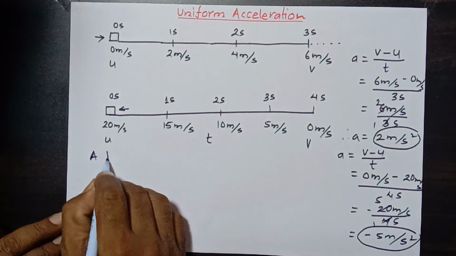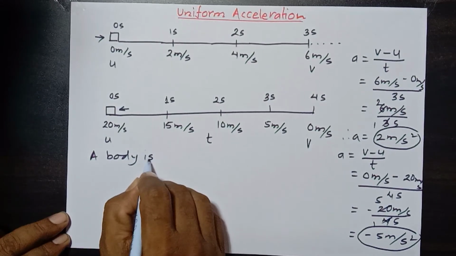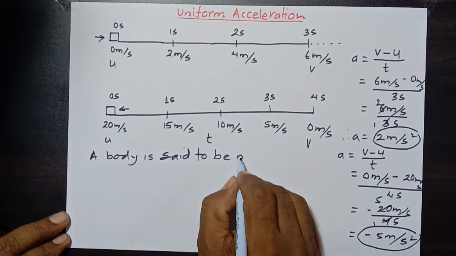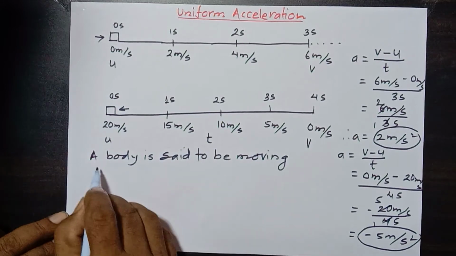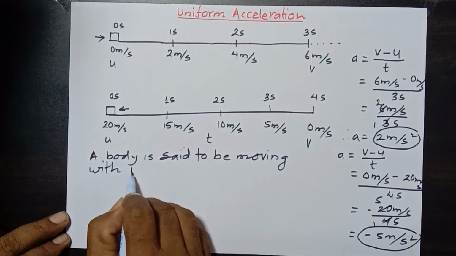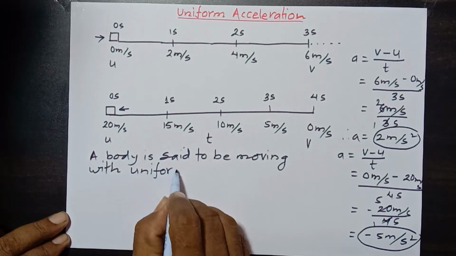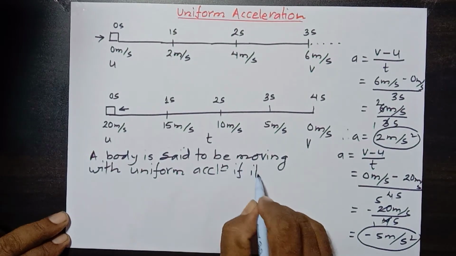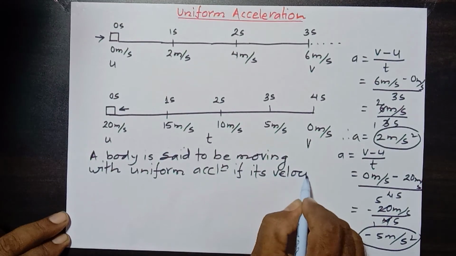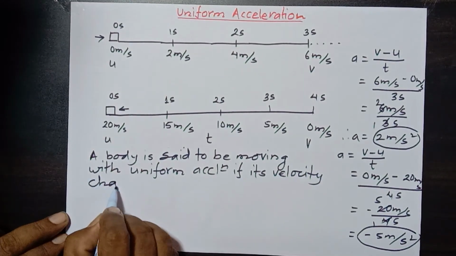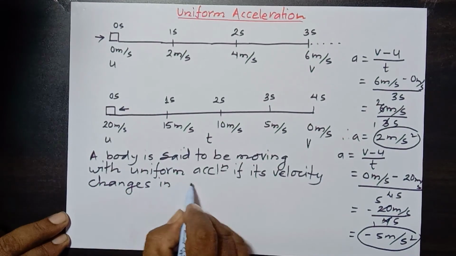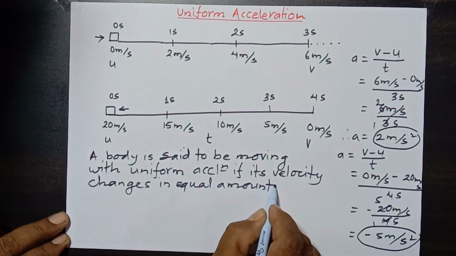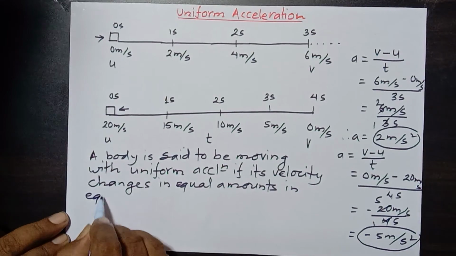A body is said to be moving with uniform acceleration if its velocity changes in equal amounts in equal intervals of time.